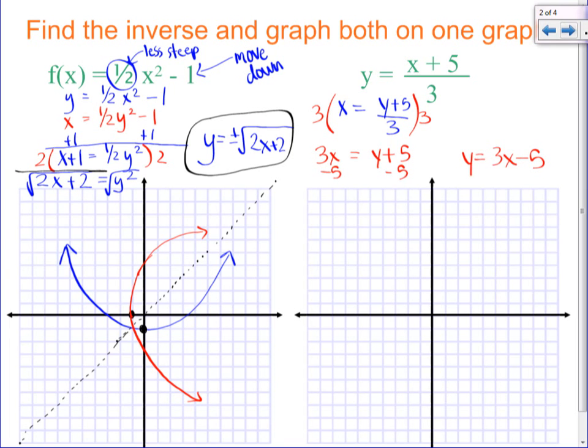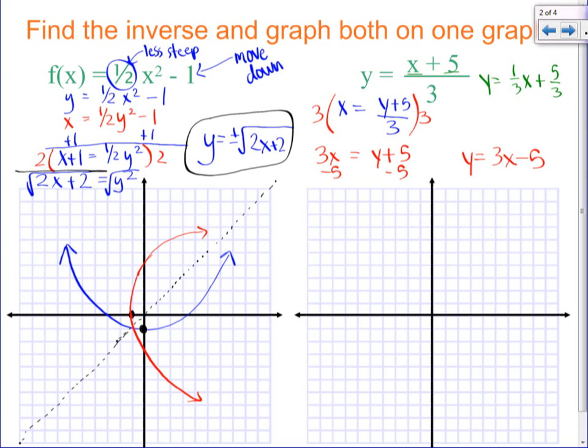So both of these are going to be lines. We'll graph the first one in green. Another way to write this is to put the 3 underneath each one of these right here. So y equals 1/3 x plus 5/3, which is in slope-intercept form, a little bit easier to graph from.